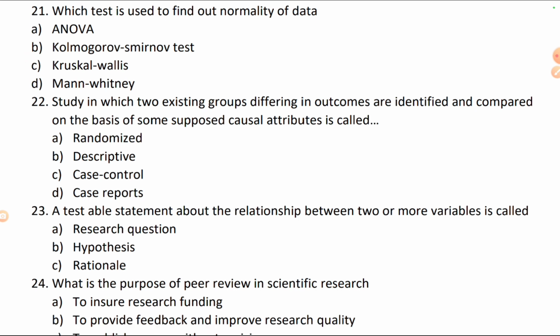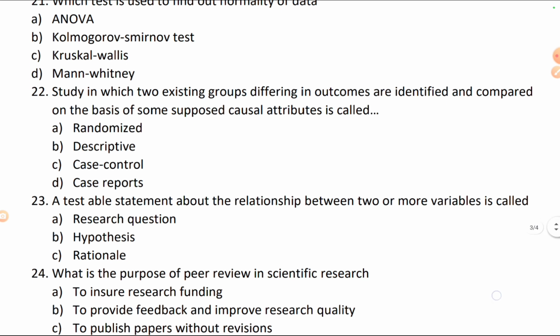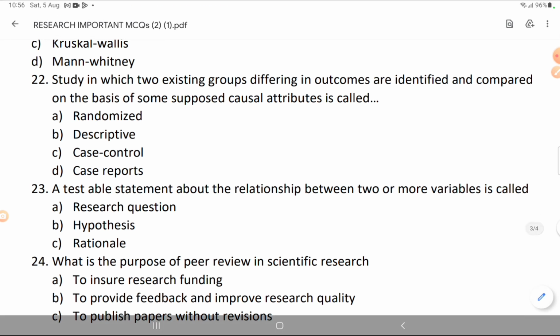The study in which two existing groups differing in outcomes are identified and compared on the basis of some supposed causal attributes is called option A, randomized, option B, descriptive, option C, case control, option D, case report.